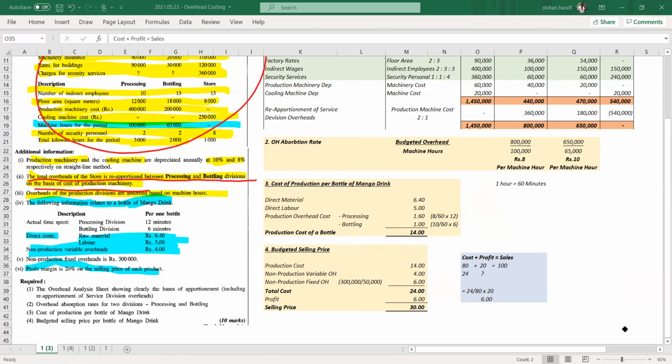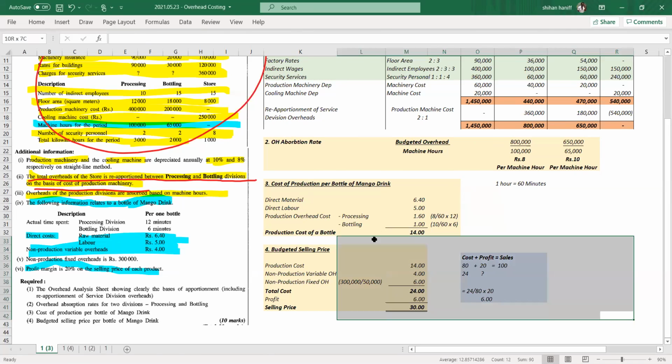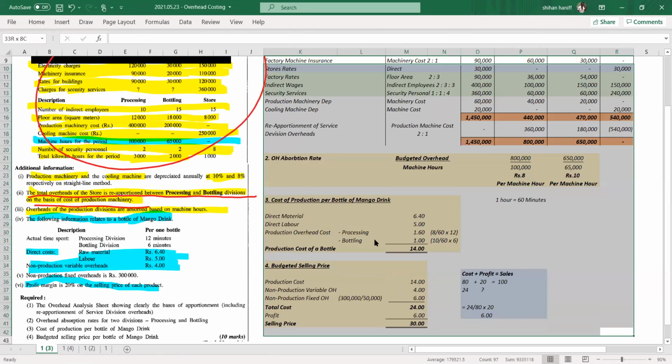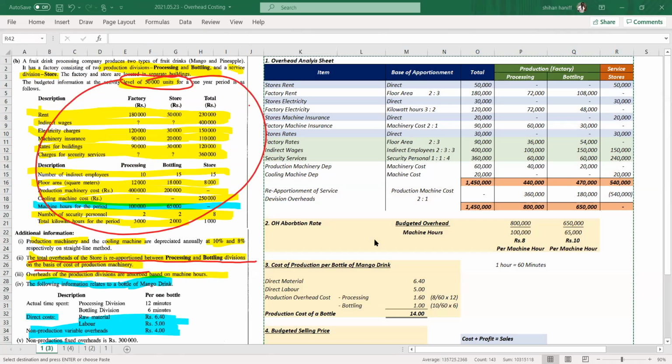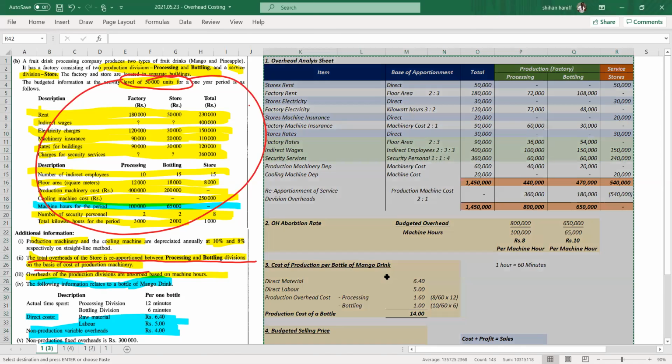Did you all understand this part? Is it clear? This is a little bit advanced question.